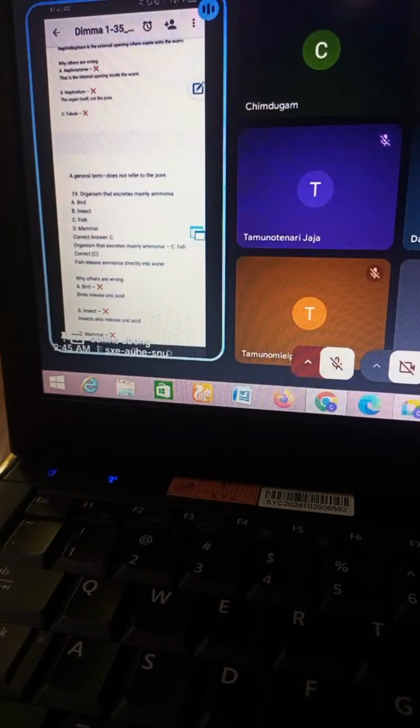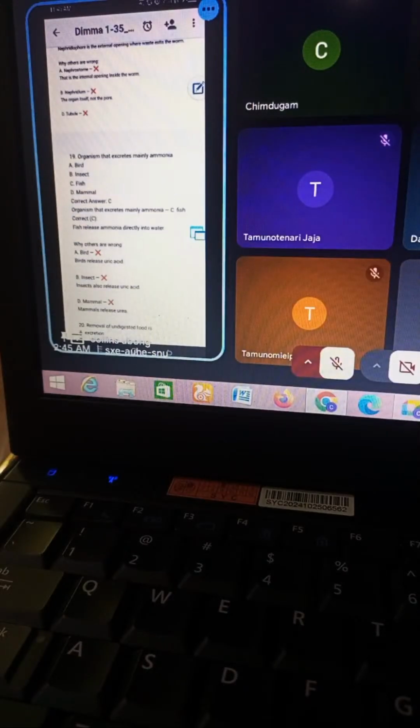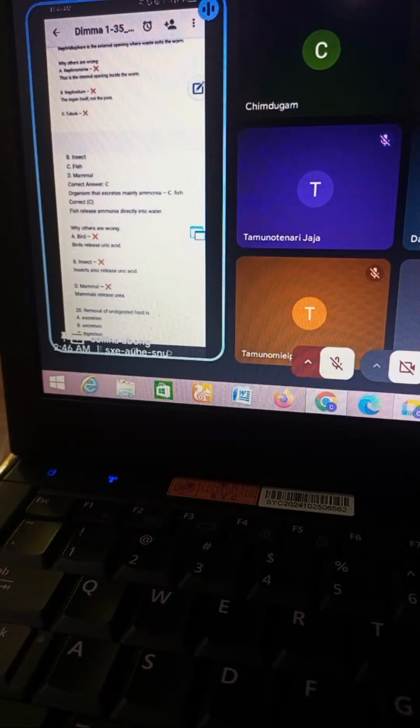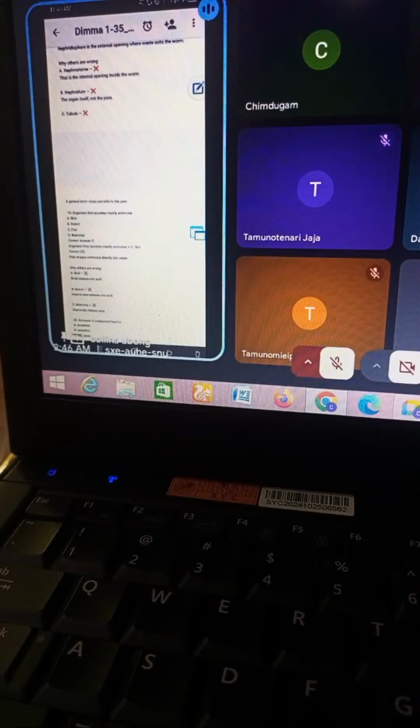Fish release ammonia directly into the water. Why the others are wrong? Birds release uric acid. The hen is another organism that releases the same product, just like insects. So birds release uric acid. Insects also release uric acid. Mammals release urea. So that is why the other options are wrong.